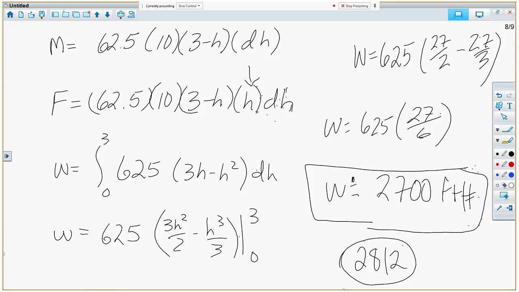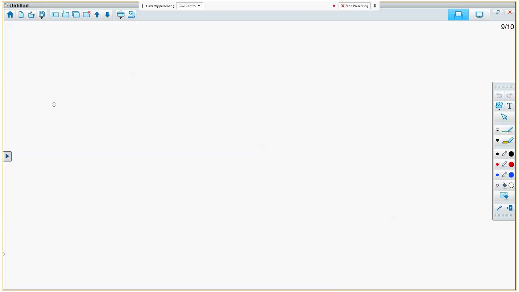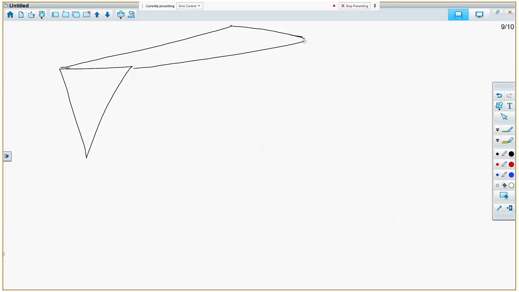Okay, so over here, draw the same thing. And I'm going to draw a thing here that's 2 foot high. And this is 3 foot.